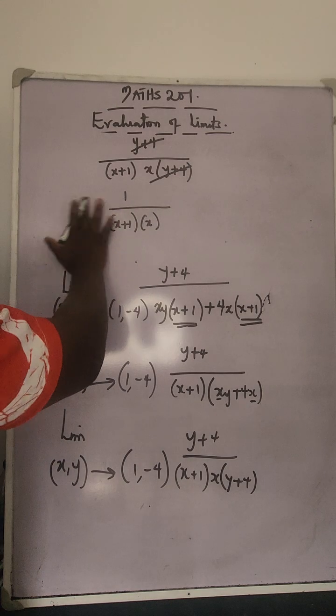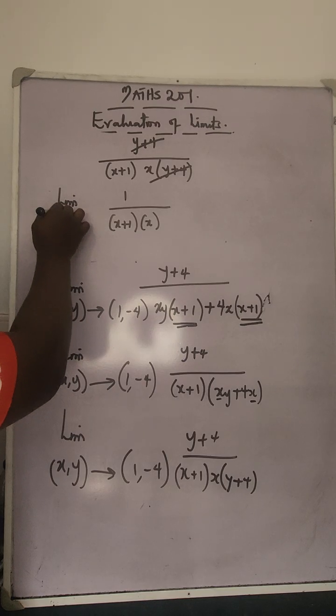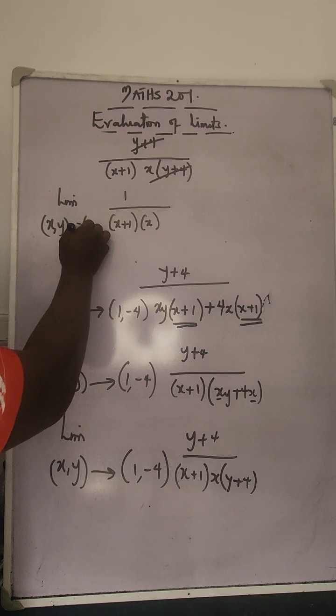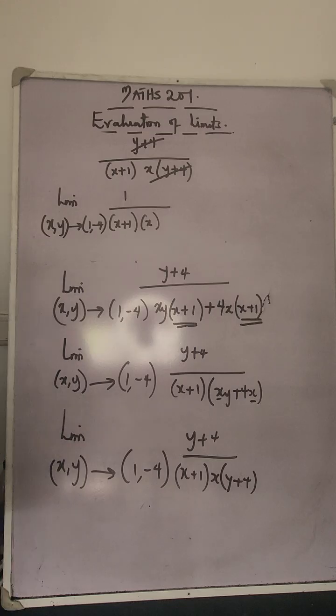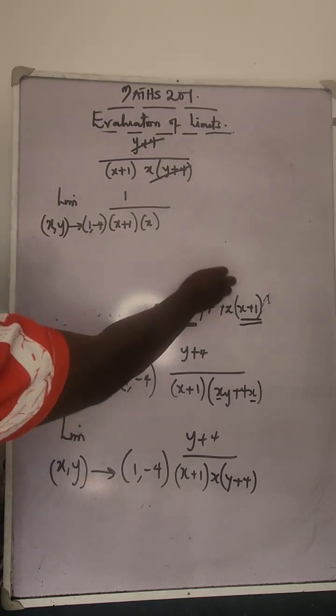Don't forget the limit as (x, y) approaches (1, -4). And so from there you can now insert the points. Why do we have to go through these steps?